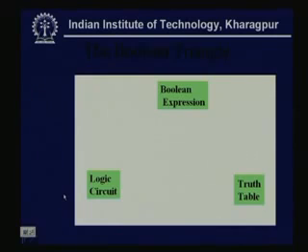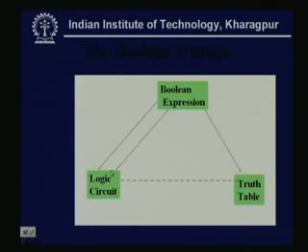Last day we saw some Boolean expressions. Given a digital design to be built, we first identify the expressions or the truth tables. We saw how the truth table can be built up from the Boolean expressions, and again from the Boolean expression the logic circuits can also be built up.